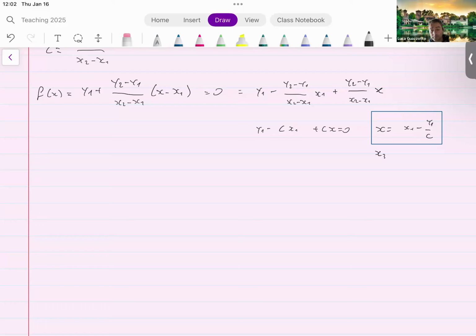So what do I do now with x3? Well, I go calculate. Well, I can do actually two things, and these are in fact two separate methods.